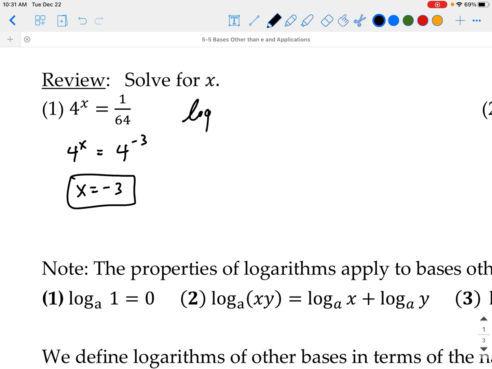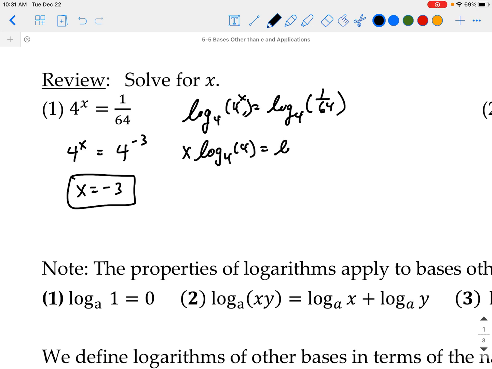If we wanted to be more complicated, we could say log base 4 of 4 to the x is equal to the log base 4 of 1 over 64. And then we could bring down the x using the power property, and then just evaluate each one of these logarithms.